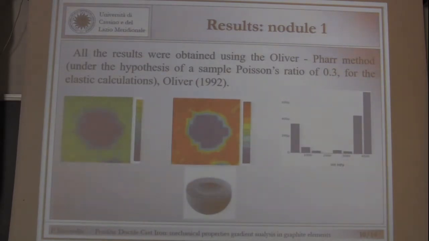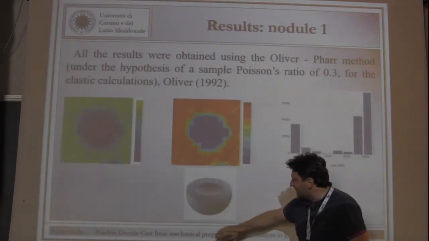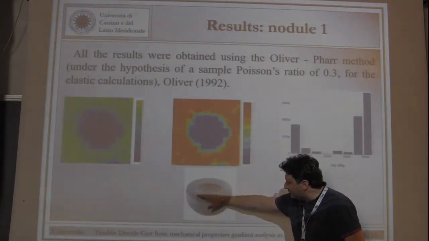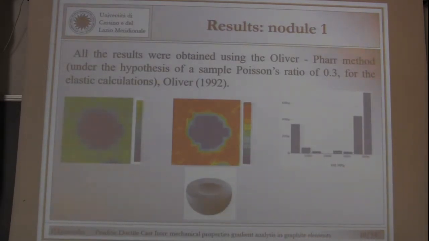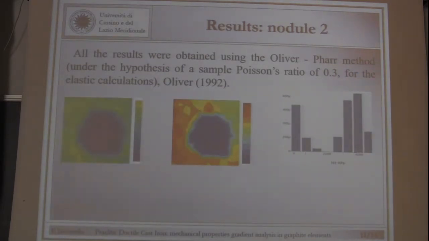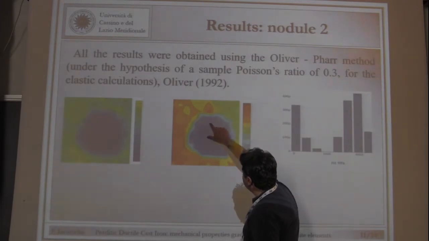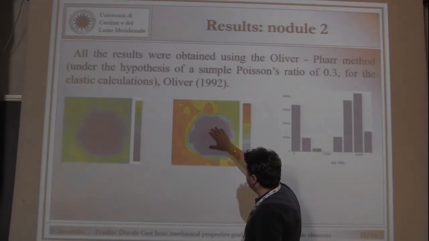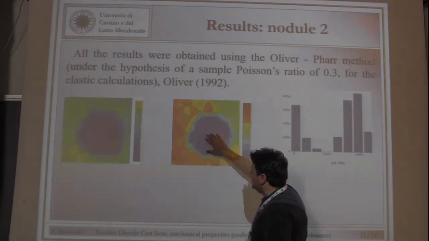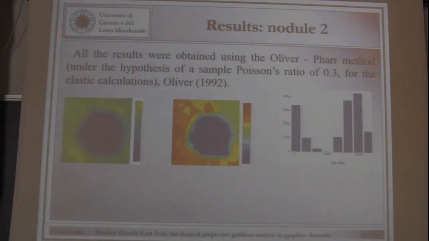This is probably due to a cutting surface of our nodules like this. It's not completely in the center, near to the center of the nodules, but it's not at the center. This is another nodule. In this way, the center indented is much bigger than in the first nodule. And we think in this case we are in the correct position of cutting the nodule.